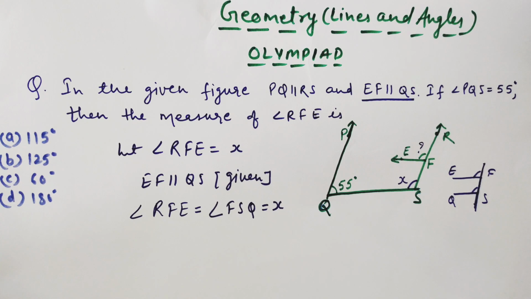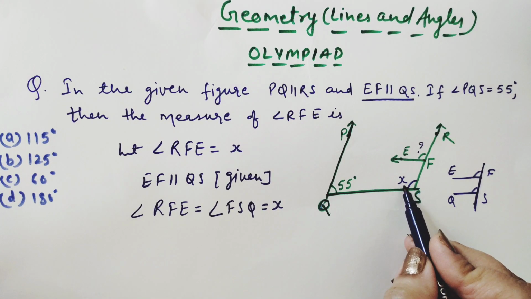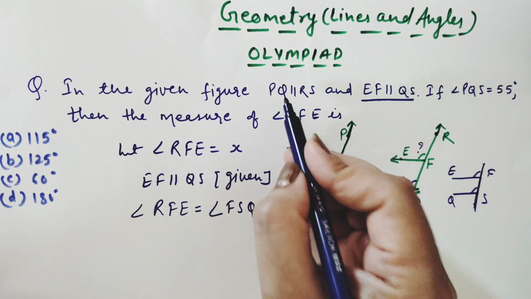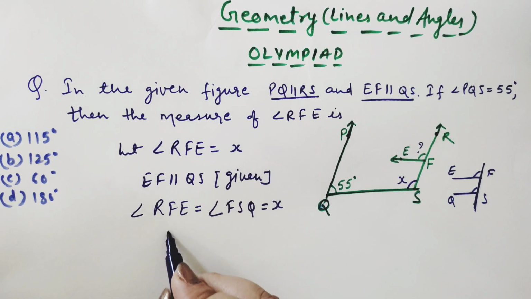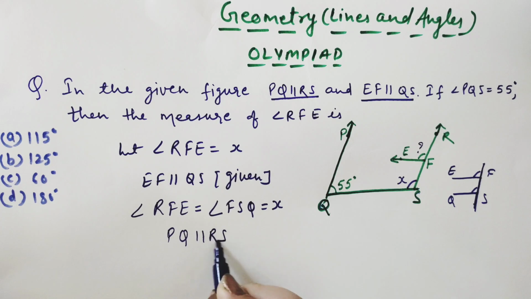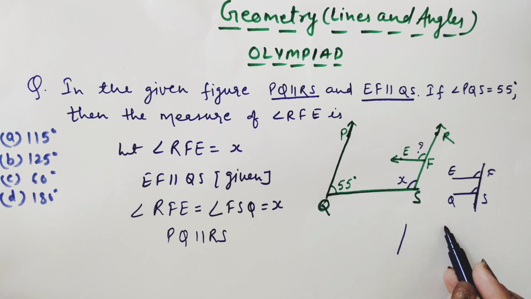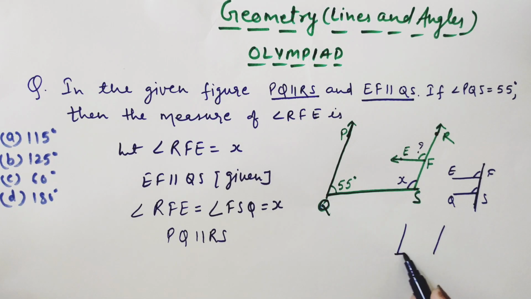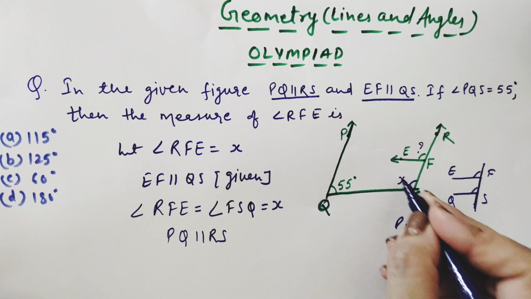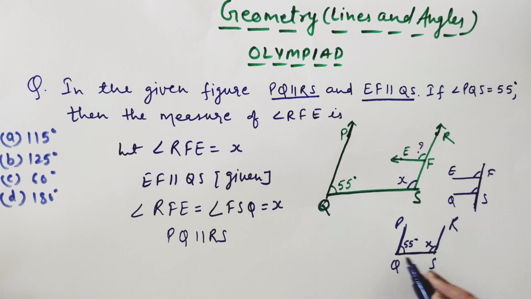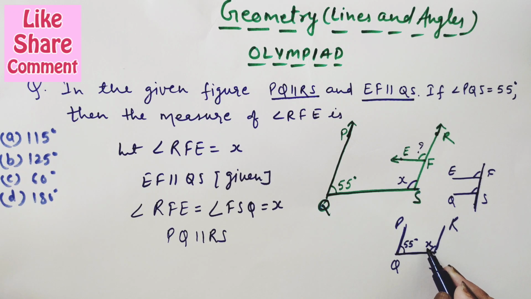Now we will find this X value. Again, the given part is PQ is parallel to RS. If two lines are parallel and QS is the transversal, you can see 55 degrees is given and this is X. These two angles will make co-interior angles.